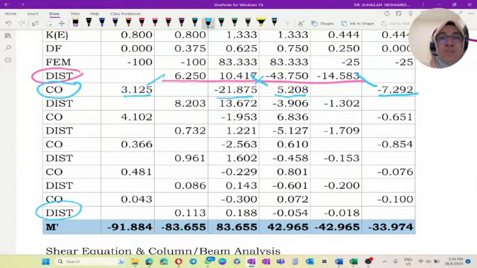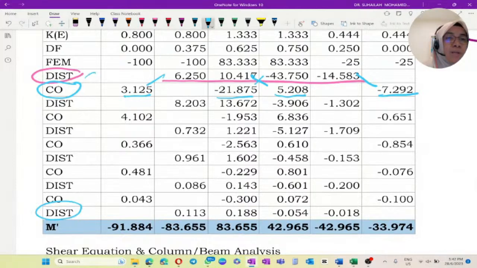Do not stop at carry over. Whenever the moment reaches zero, we find 0.0. Actually, this value we can continue to distribute another cycle, but it doesn't matter since the process will be the same.